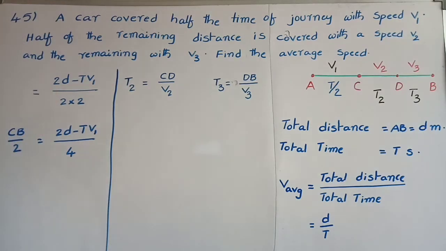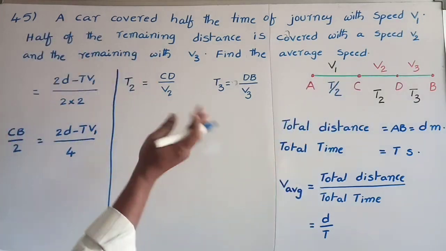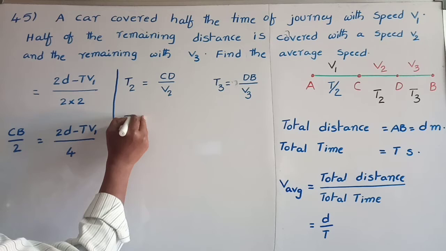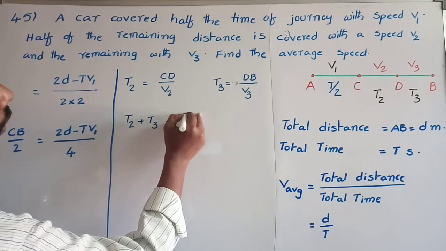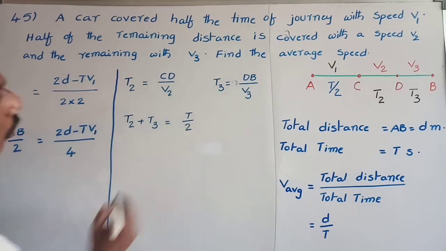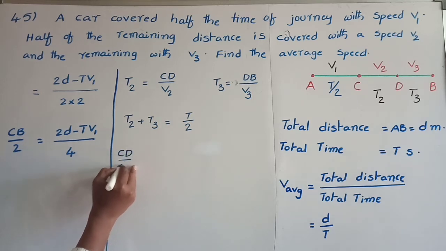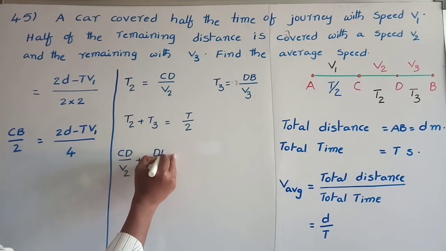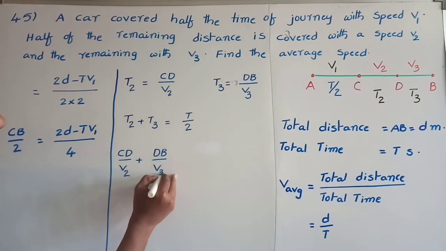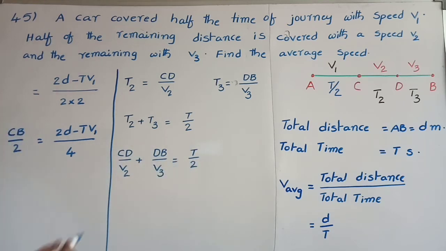Now T2 plus T3 is equal to how much? So this is half of the time, so the remaining is half time. That's why T2 plus T3 is equal to T by 2. T2 is CD by V2 plus T3 is DB by V3, which is equal to T by 2. But we know CD and DB are both equal.